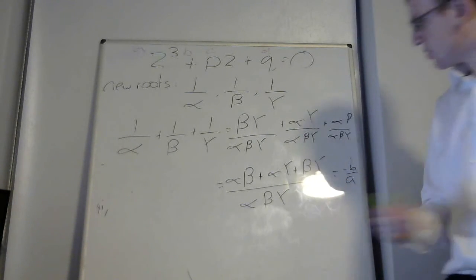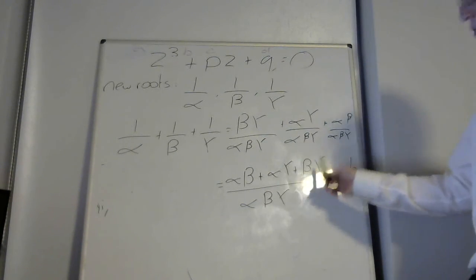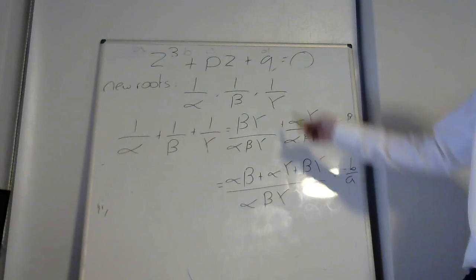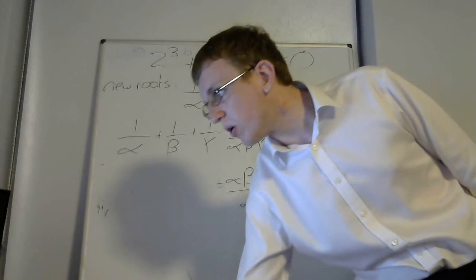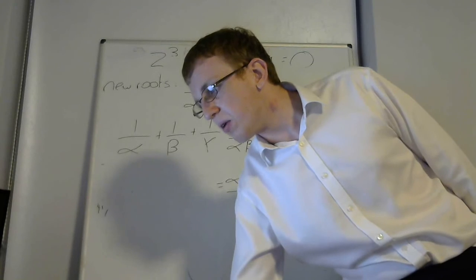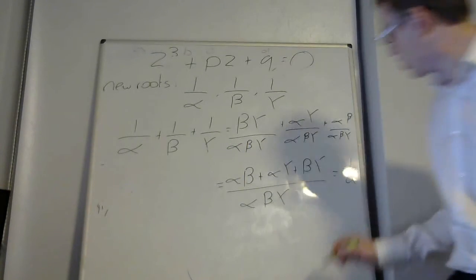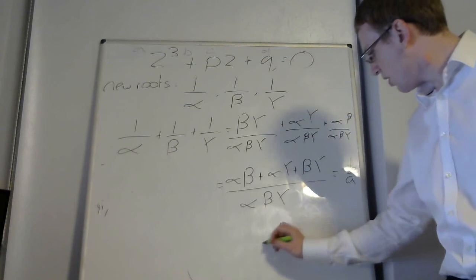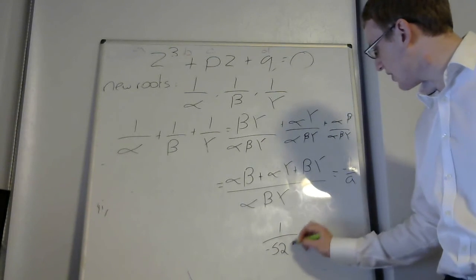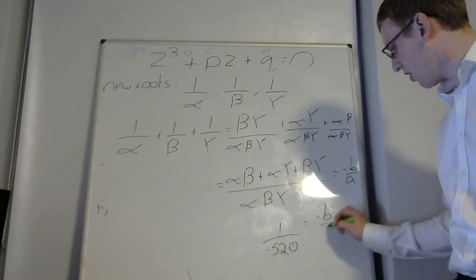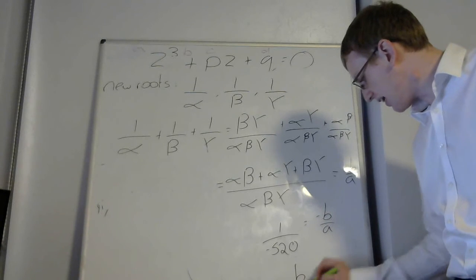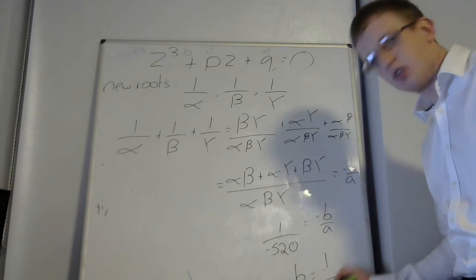From our old equation, we know what alpha beta plus alpha gamma plus beta gamma is. That's p, which was 1. So the top is 1, the bottom's minus 520, and that equals minus b over a. So b over a is 1 over 520.